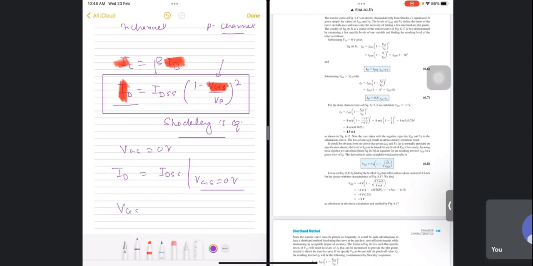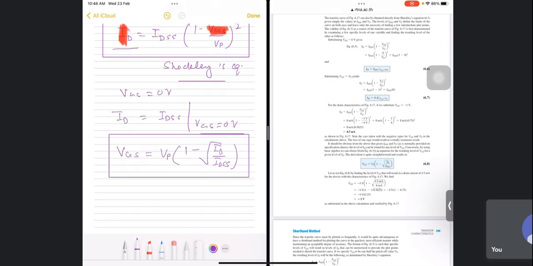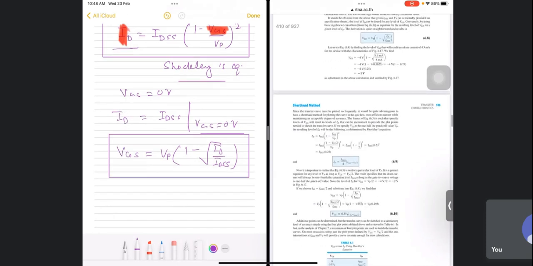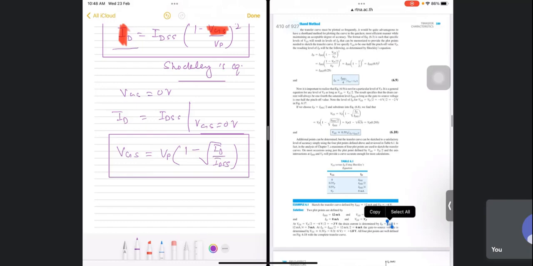And VGS, if I try to find out, it is becoming equal to VP (1 minus ID by IDSS). Okay. So this is how we can find out.